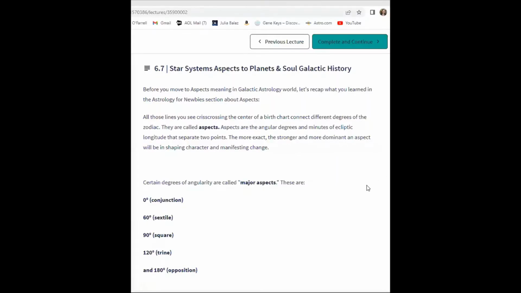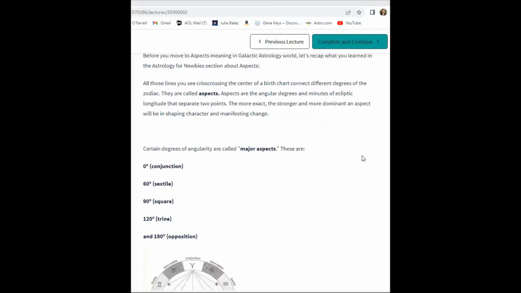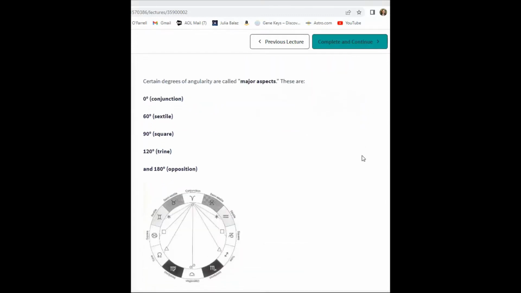But before I do that, let me share my screen so that you can access the material and read along if you want in section 6.7, Star Systems Aspects to Planets and Soul Galactic History. In this section, Julia lays out what the degrees are to create a conjunction, a sextile, a square, trine, or opposition.